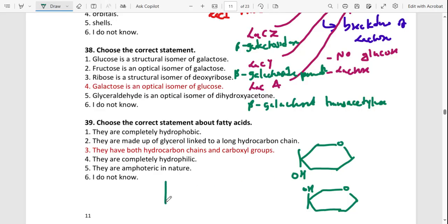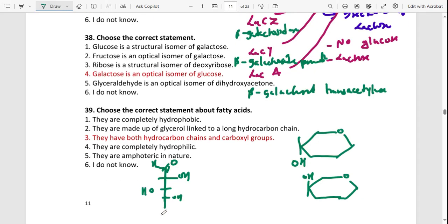Actually, the way glucose is, if you look at its open chain, it's like this. This is OH, this is OH, OH. You're going to have another OH, and then you have CH2OH. This will be hydrogen, hydrogen, hydrogen, hydrogen.